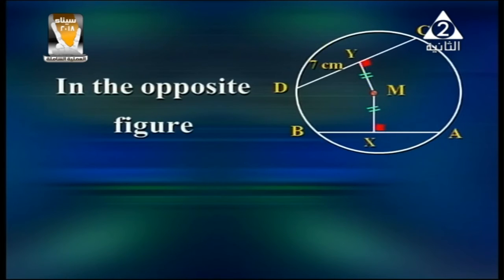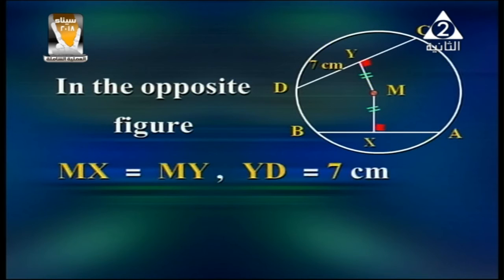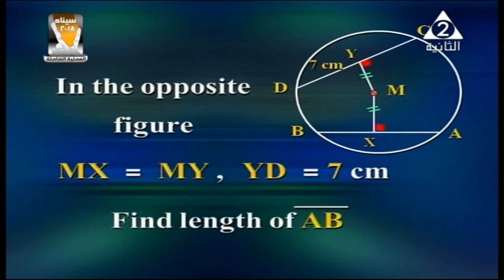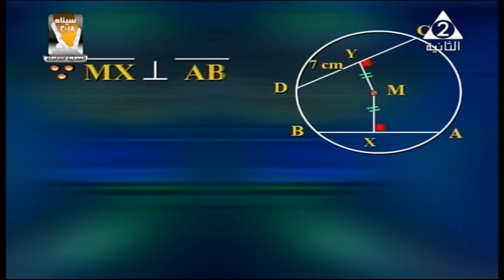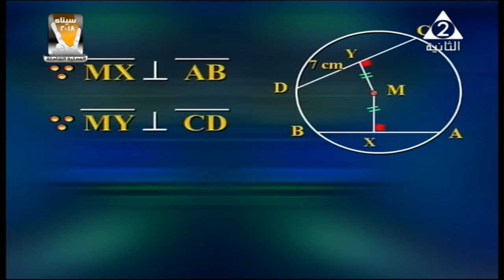In the opposite figure, that's correct, you have MX equals MY, YD equals 7 centimeters, and I want you to find the length of AB. First of all, as MX is perpendicular on AB and MY is perpendicular on CD, and as MX equals MY, so you have perpendicular distances equal.